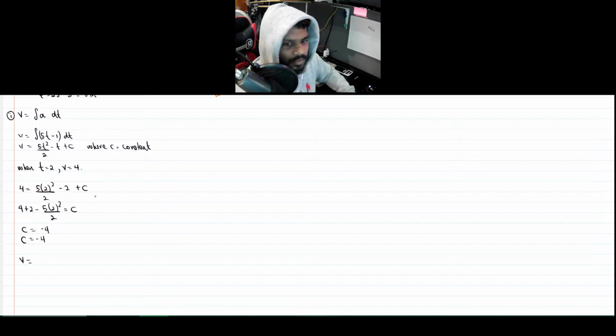So my velocity is v equal to 5 over 2 t squared minus t minus 4.